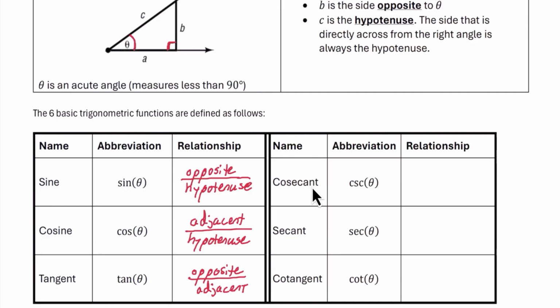Cosecant is going to be the reciprocal of sine. The abbreviation for cosecant is CSC. Since it's the reciprocal of sine, cosecant theta will be hypotenuse divided by the opposite side.